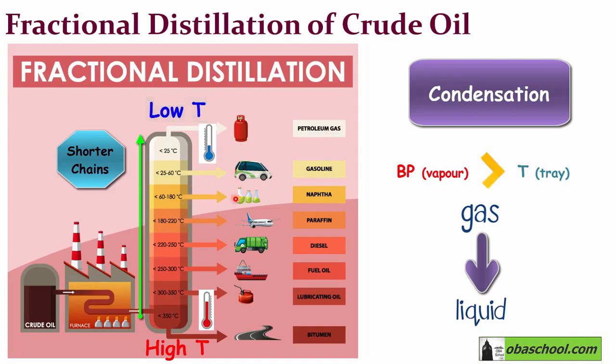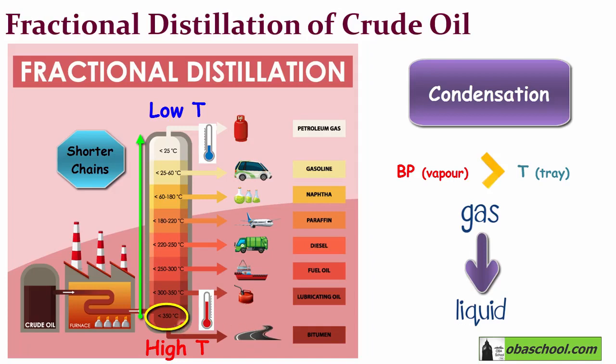Then we will start to collect naphtha, then paraffin, diesel, fuel oil, lubricating oils, and at the bottom of the tower, bitumen will be collected, whose boiling point is really high, more than 350 degrees Celsius.